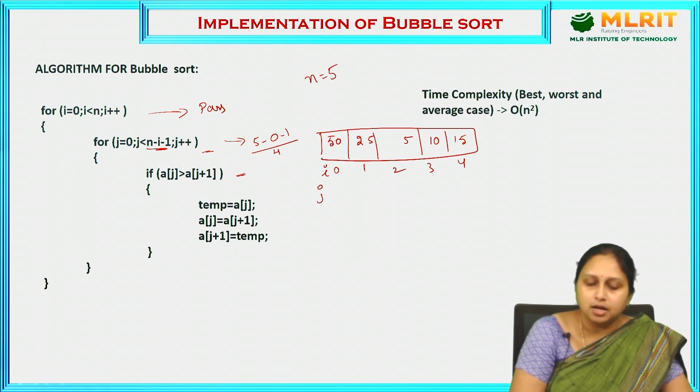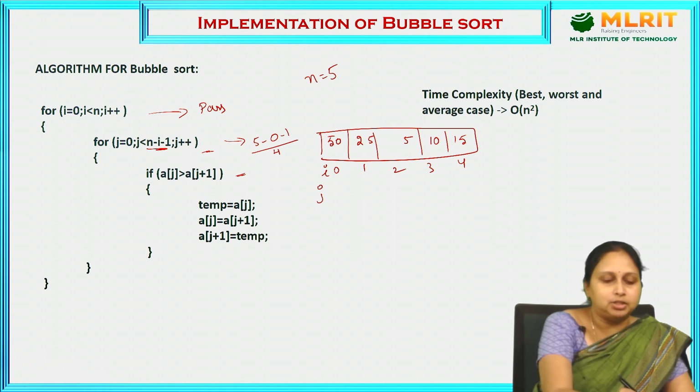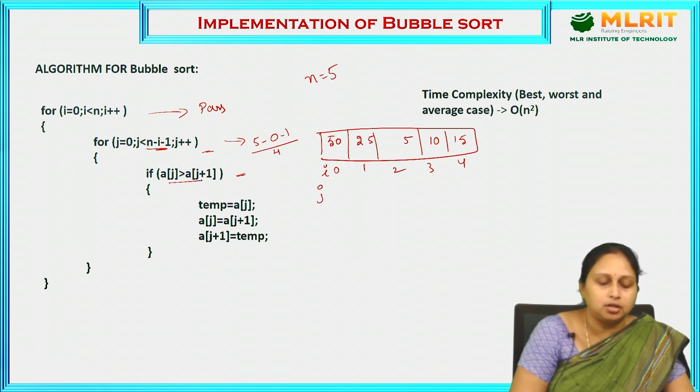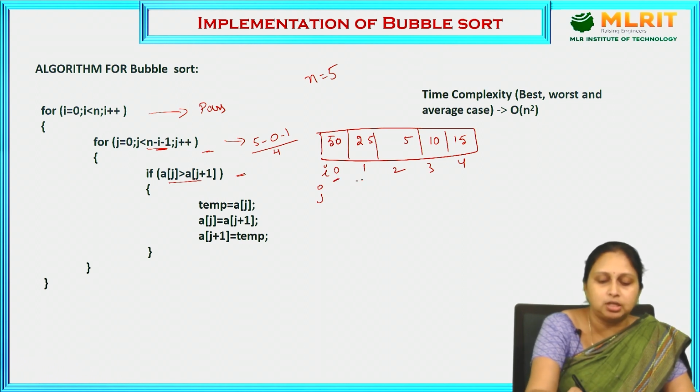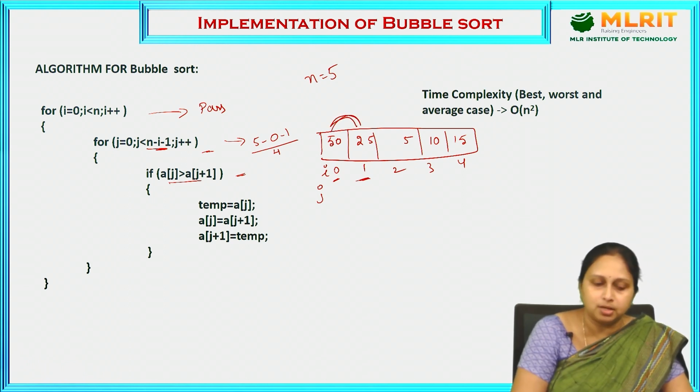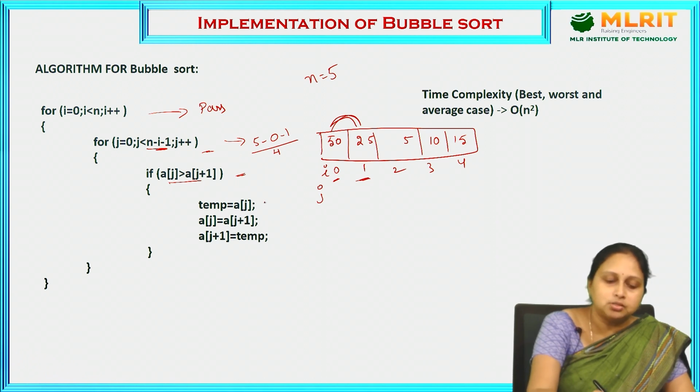Okay. Now check for the condition a of j is greater than a of j plus 1. a of j is this one and a of j plus 1 is this one. That is, now we are going to compare these two adjacent elements. Yes, you know this is the logic for swapping, so we perform the swapping.